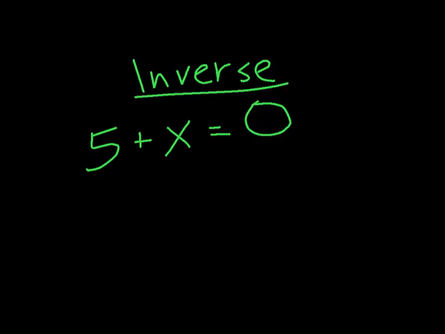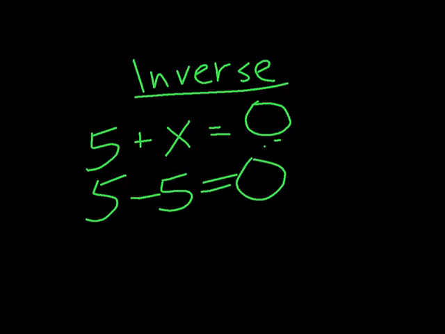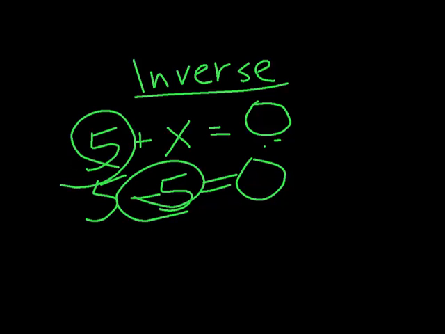The inverse of 5 is going to be whatever makes this equation equal to 0. Okay, so what is the inverse? Well, if we have 5 minus 5, that definitely does equal 0. So that shows us that there is an inverse for this number 5. Hopefully that makes sense to you guys. I think that's a pretty easy concept. If not, apologize, complain in the comments.